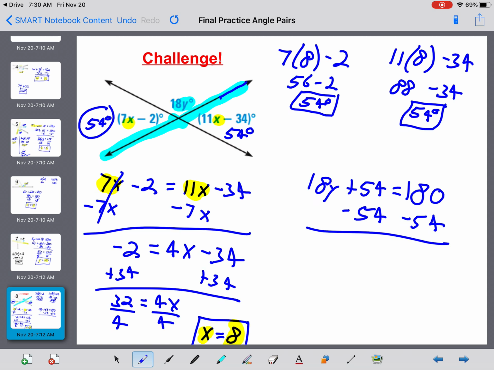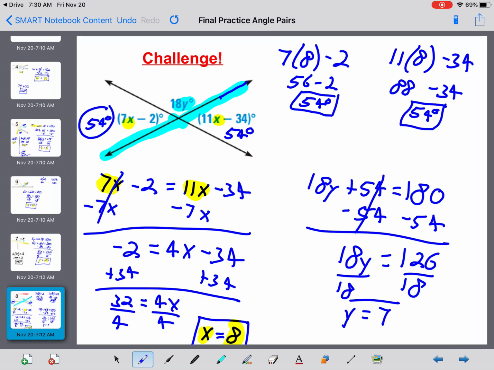Subtract 54 on both sides, and we're left with 18y equals 180 minus 54, which is 126. Divide both sides by 18, and y is equal to 7. In order to solve for 18y, it's just 18 times 7, which is 126 degrees. Okay. Again, we're going to do a review next class for your quiz.